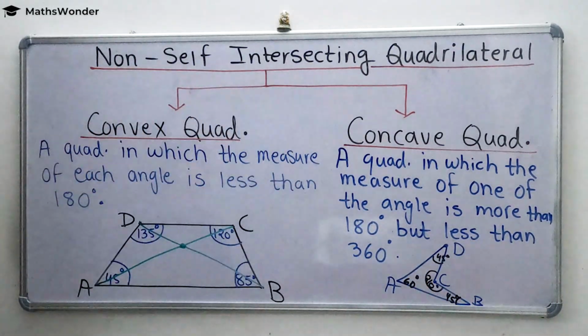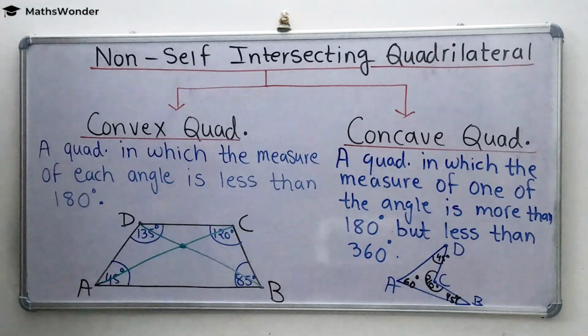Means a quadrilateral in which the measure of one of the angles is more than 180 but less than 360. So at C we have one angle which is more than 180 but less than 360 degree. That's why we call it a concave quadrilateral.